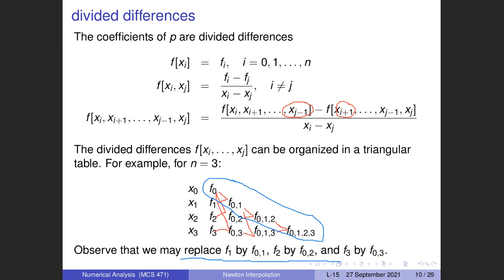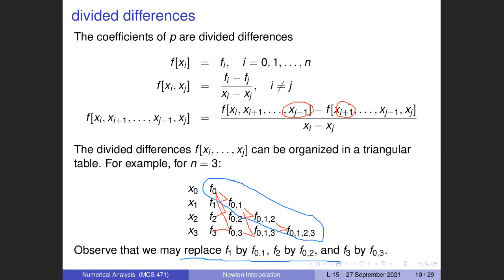Now, also with regard to our original problem of incremental interpolation, if one point is added, so if point x4 comes in, then we only need to compute one extra row of this table. And that is linear.